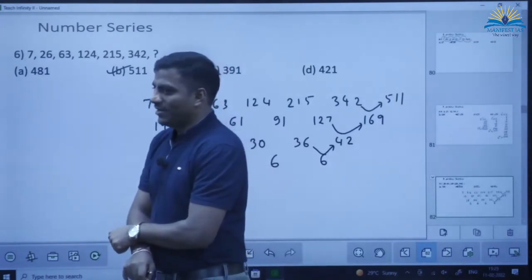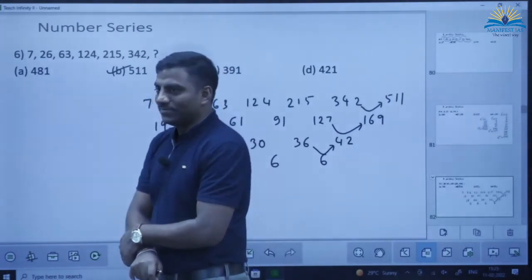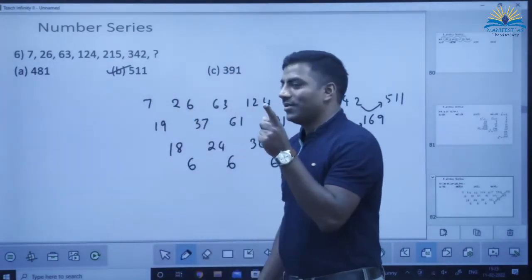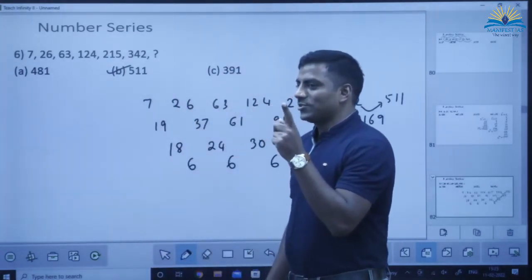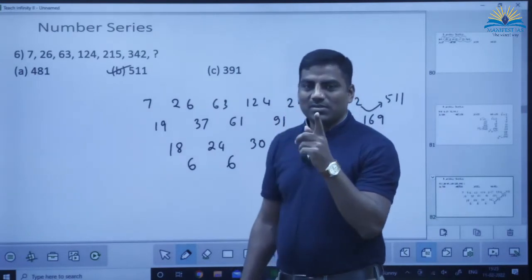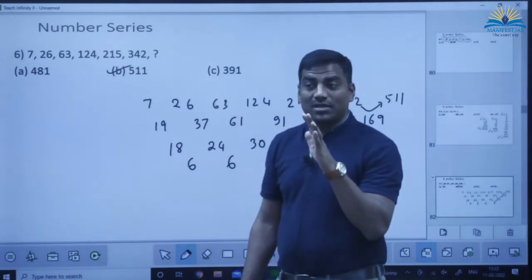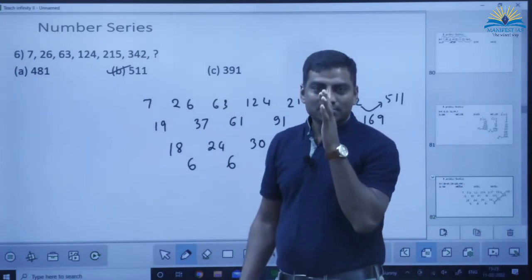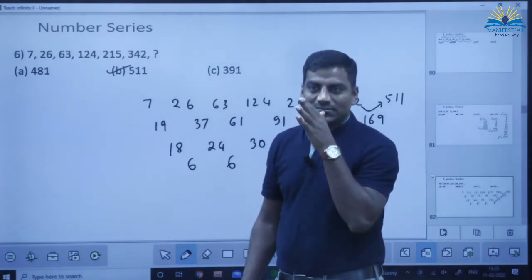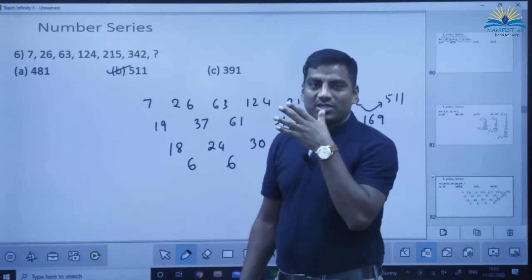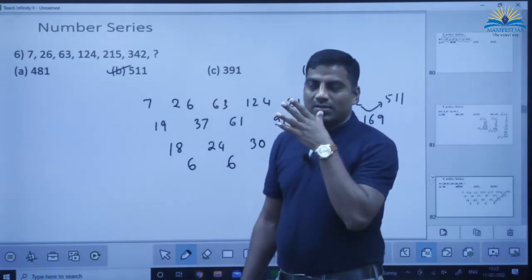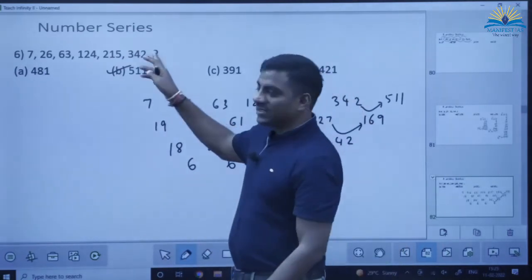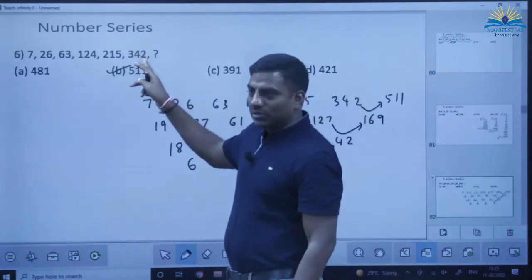Okay, then at least you are trying. 343 is what? Anyone? Very good. That is 7 cube. 343 is 7 cube. 7 cube minus 1.